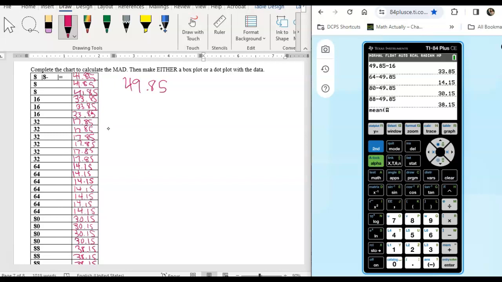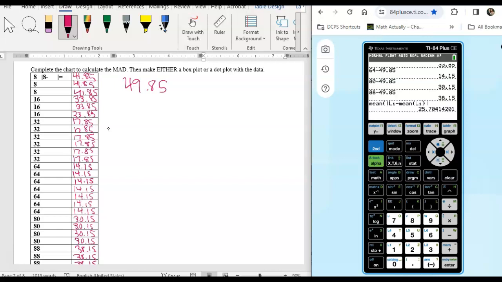Then I need to choose the absolute value. So second catalog, absolute value. And then we're going to do second list 1 minus second list again, because we need to choose mean again. The mean of second list 1, close parentheses, and hit enter.